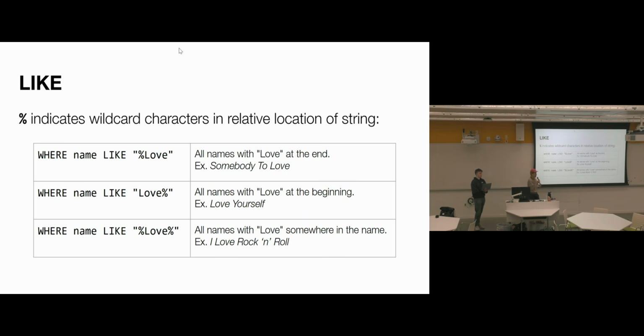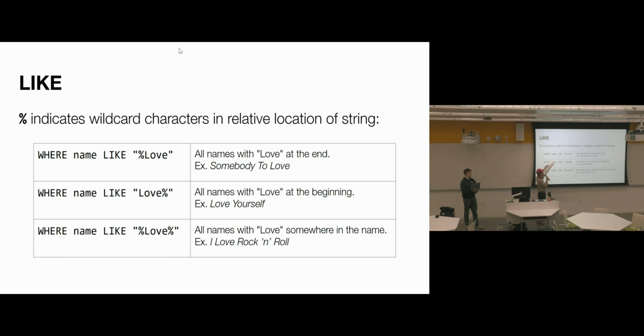You can't just say SELECT name FROM songs WHERE name is love. Then it's just going to find whatever song is named love and return that, and you're going to miss everything that has love in the name, but not as the entire name. So the way that we denote just containing a piece of information is the keyword LIKE.